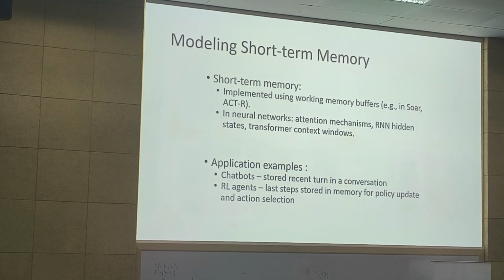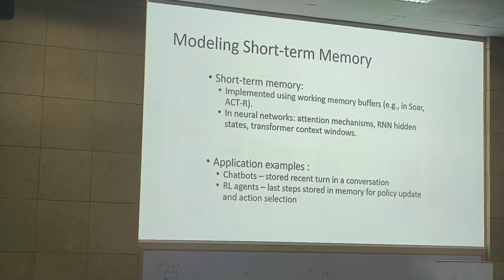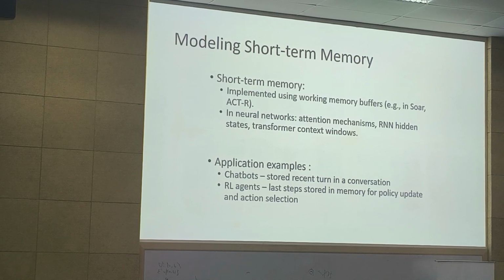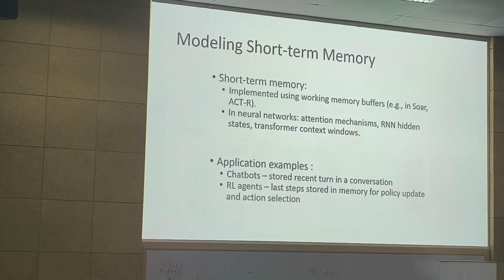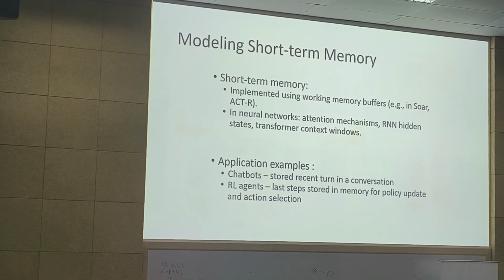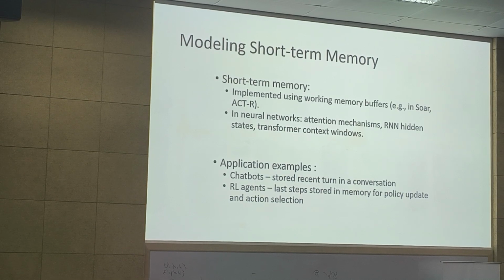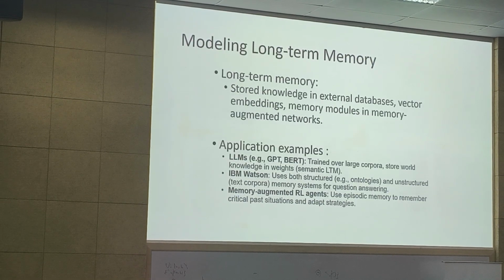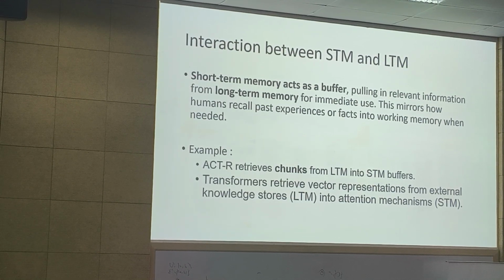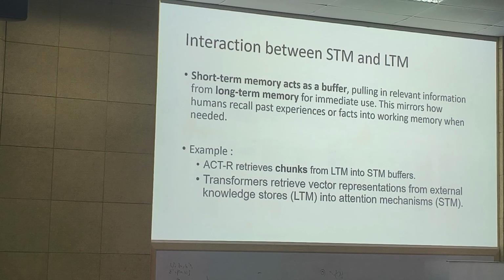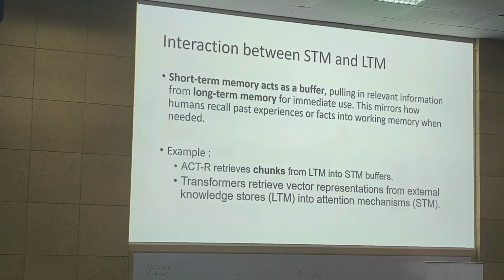Then we also look at how short-term memory and long-term memory can be modeled. Okay, so these are some of the implementation using different existing AI systems, such as the ACT-R, the ICARUS memory architecture that we look into. Okay, so we also covered several applications and the interaction between these two and how they are actually being implemented as a representation of human STM and LTM.